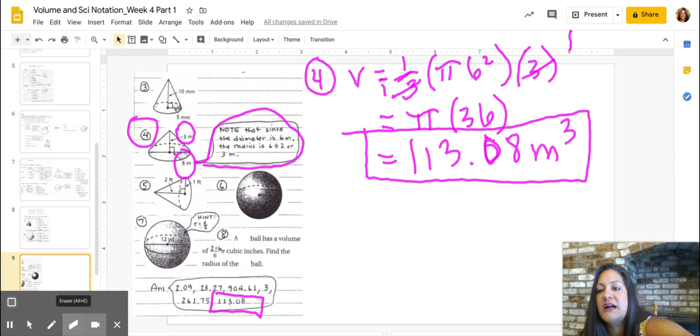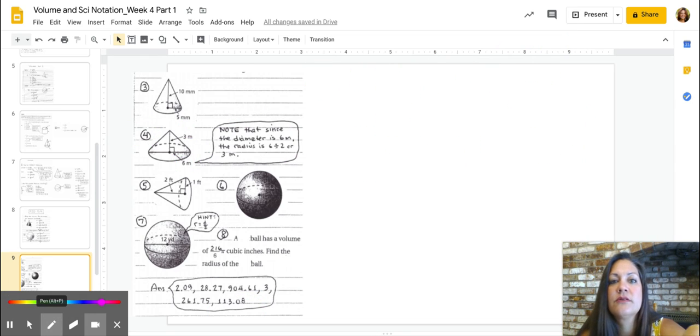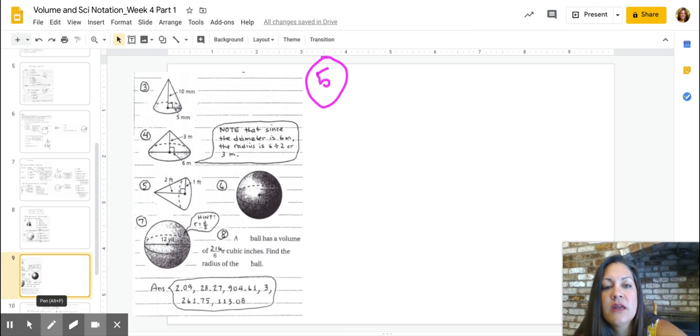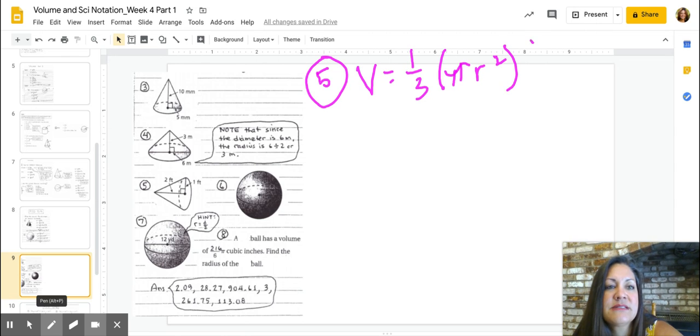Okay, number 5. Volume equals 1/3 base times height. Plug in my values.